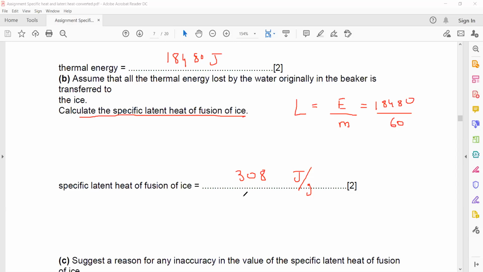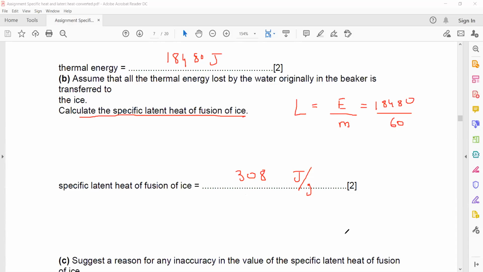Is it clear? Joule per kilogram or joule per gram, both are acceptable here.